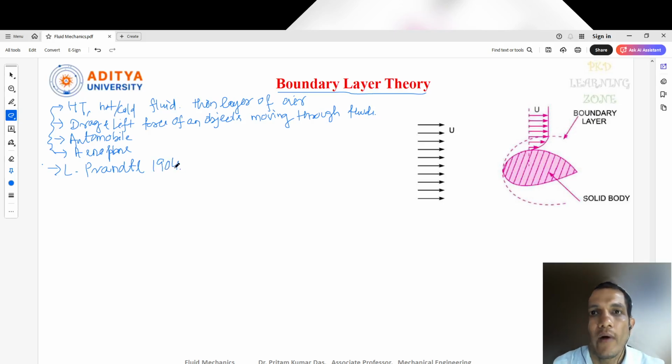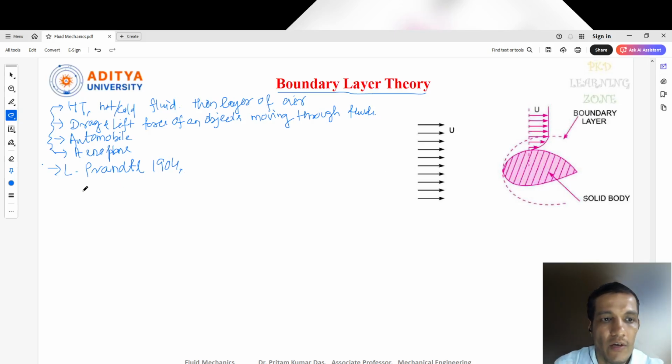Okay, now what does this concept talk about? This concept describes the thin layer of fluid which is formed near to the surface, and the viscosity or the viscous effect needs to be significant, then only this layer formation will be there.